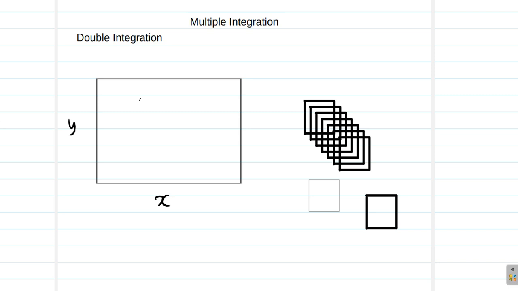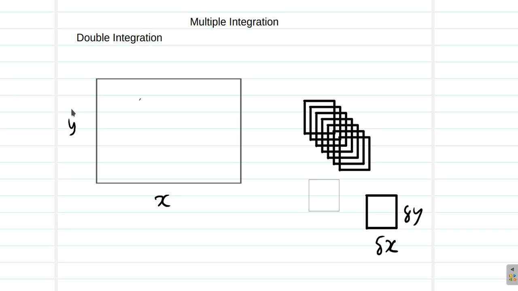But this rectangle can be built up from some small squares with width delta x, changing x, right? We use delta because we're going to make it change. And the height is delta y. Now, if we should find the area of this element here, we'd multiply delta y by delta x, alright?